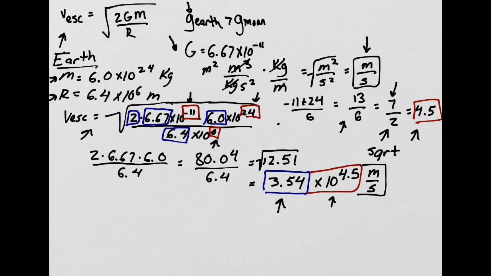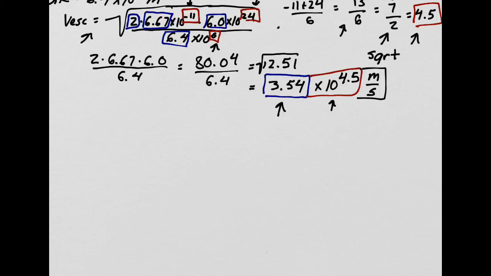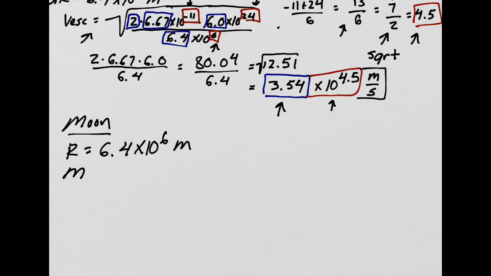So let's do one more example. Let's look at the moon. The radius of the moon is 6.4 times 10 to the 6 meters. The mass of the moon, oops, sorry, that is not right. Let's go back. The mass of the moon is 7.3 times 10 to the 22 kilograms, same as the last problem.